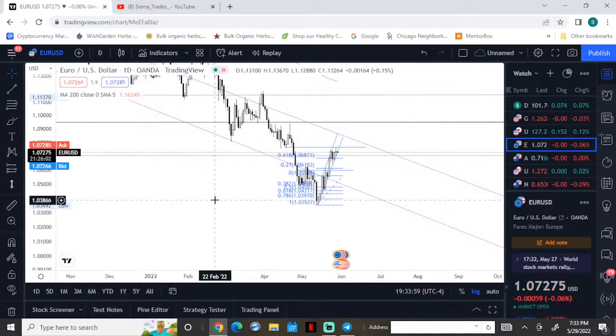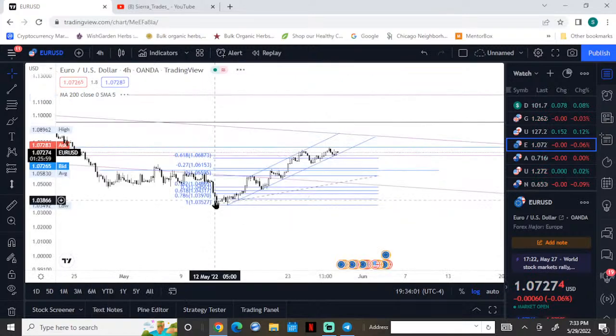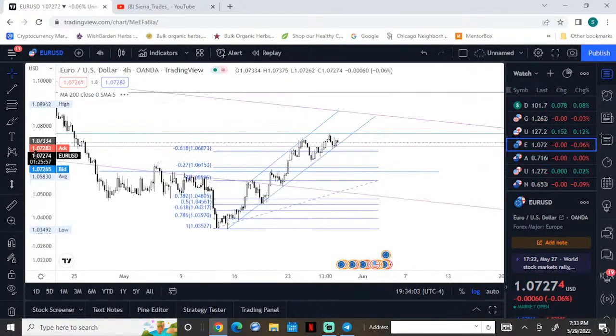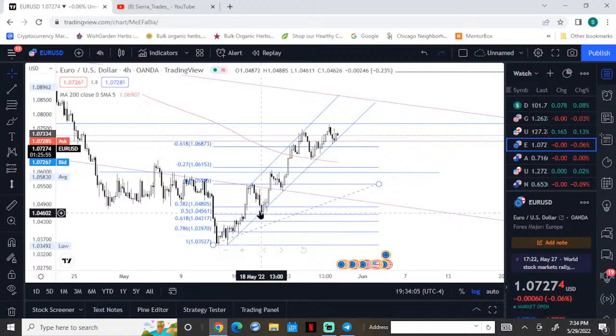We're back on the 4 hour. So price came right in here, gave this double bottom right here, which double bottoms don't always look just like a W. It can look like this here and this here. And it came up, gave TP1 like effortlessly.